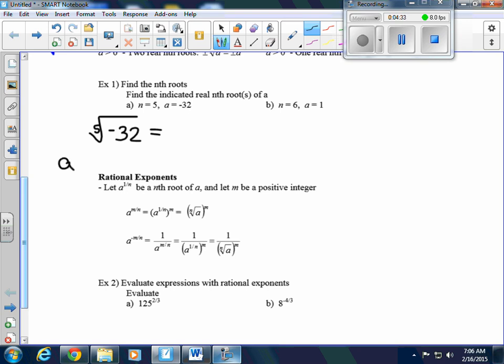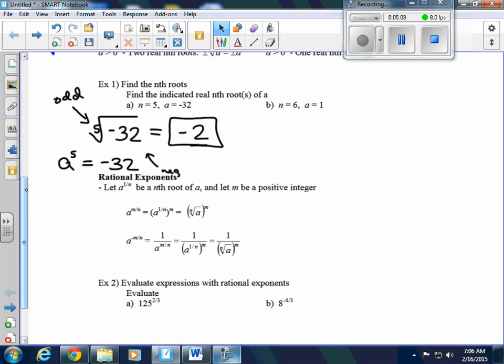So we could write it in a situation that looks like this. So what number is that? Well, the fifth root of negative 32 is negative 2. All right. And there's only one here because the index is odd and the radicand is negative. So therefore, we're only going to have one real solution.